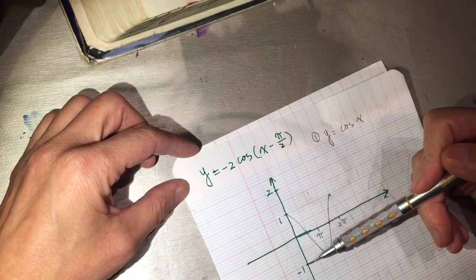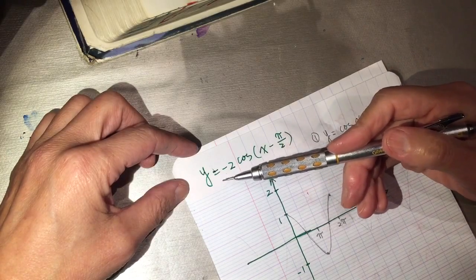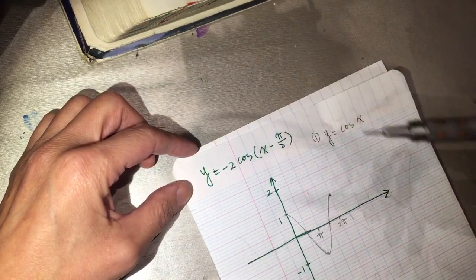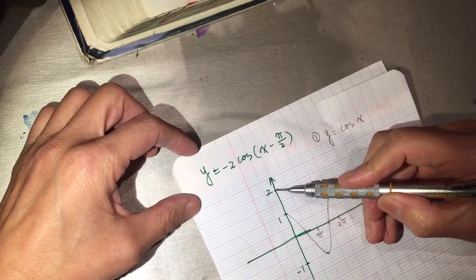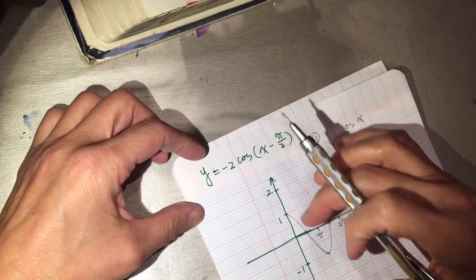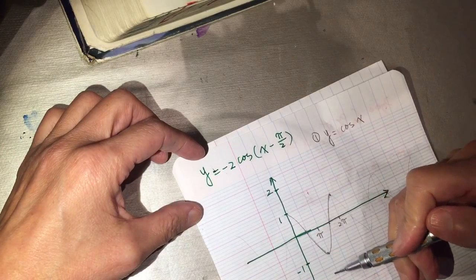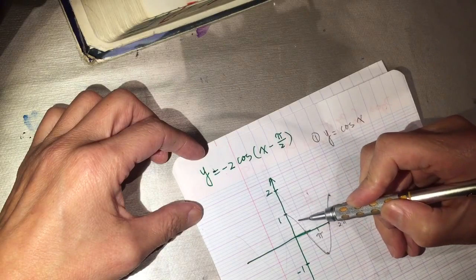Every negative value becomes a positive value because of this negative sign. And the coefficient is 2, so we actually stretch it, and it jumps higher and falls down steeper.